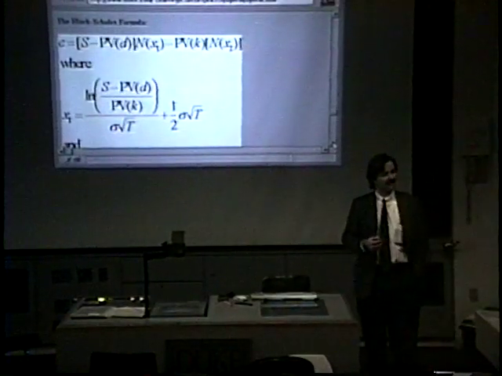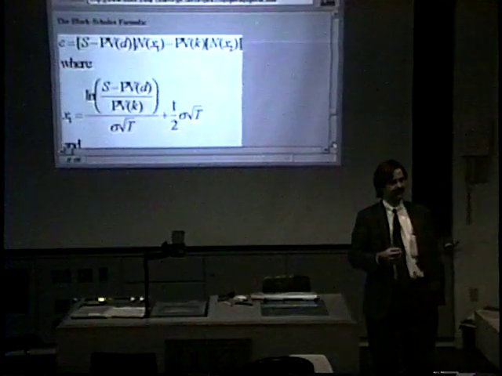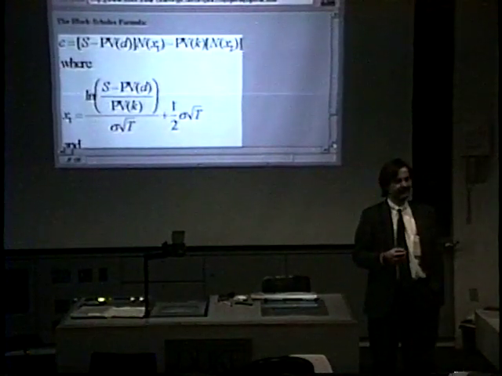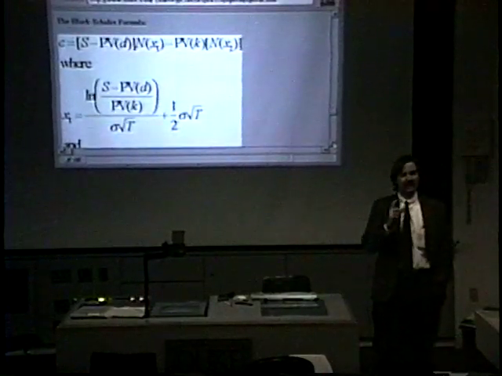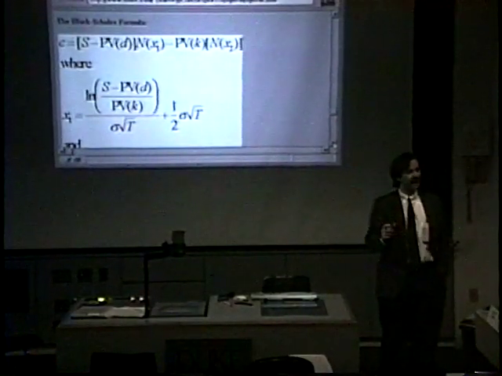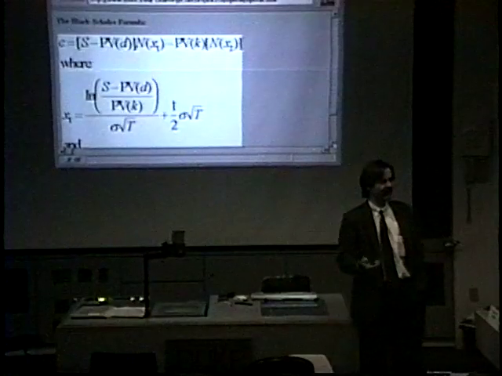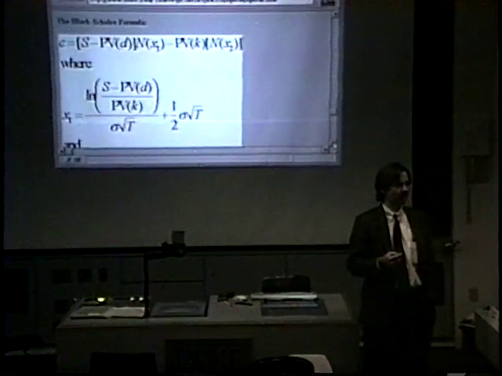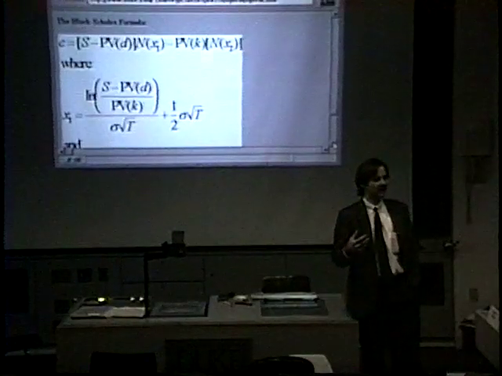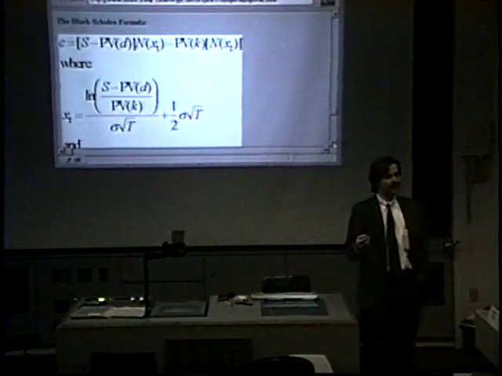But, yes? The present value of the dividend, is that an annuity or do you just treat it as something? It's the dividend over the life of the option. Usually the option is short-lived, like 3 months, so it's maybe one dividend we have to worry about. If it's a longer-term option, then it's a stream of dividends.